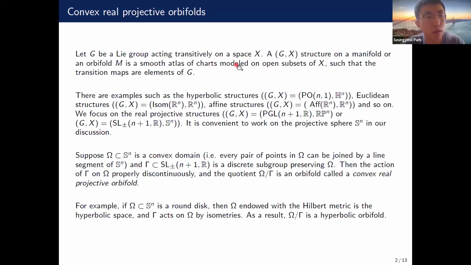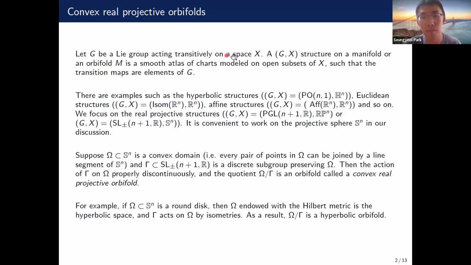So I'd like to explain about the convex real projective orbifolds, which is basically the category to which our main object belongs. In general, suppose that we are given a Lie group G which acts transitively on a topological space X. So basically, each element of G is a homeomorphism of X to itself.